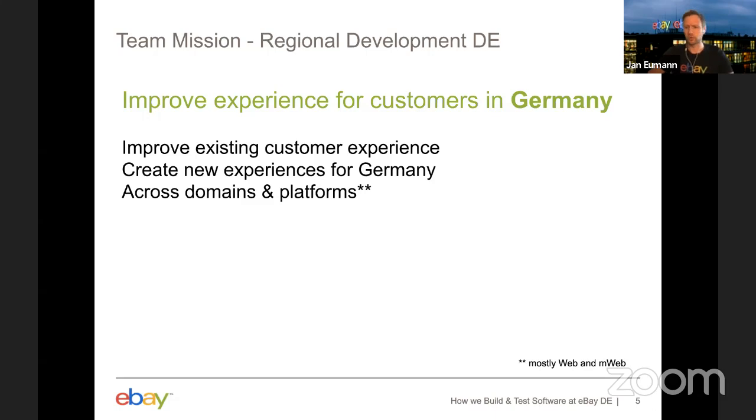So far, we mostly worked on web and mWeb. We have one mobile developer now in our team, and we're going to have a second one soon. Then we will also work on the native apps, and this might change the strategy or approach. What we're going to talk about today is mainly the strategy for web-based and mWeb-based applications.